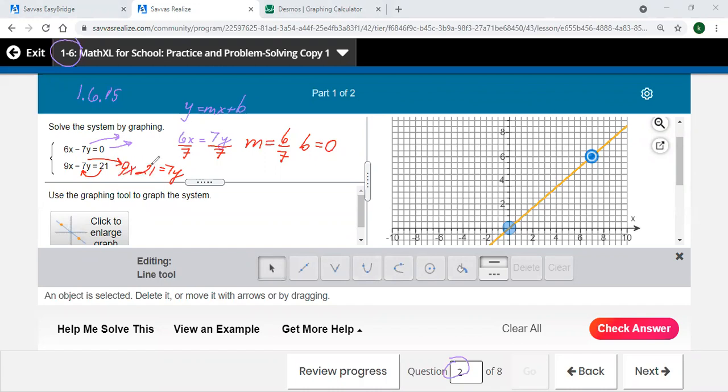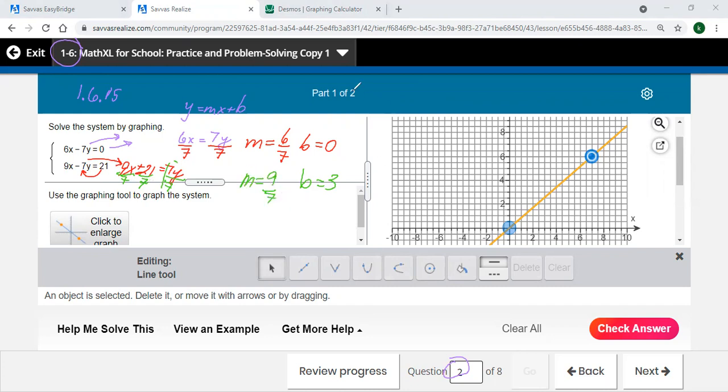Hope you've worked with mx plus b enough so that when I do this one and divide everything by that 7 to get y alone, on this one, 21 over 7 is 3. So my b, my y-intercept, is 3. And then this 9/7 in front of the x, the coefficient, would be my slope.